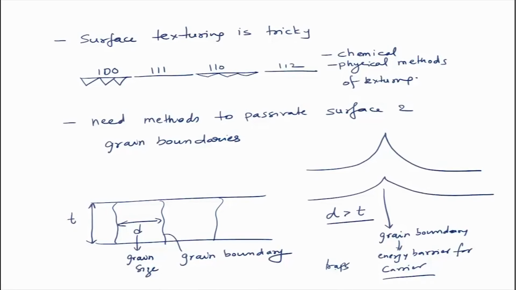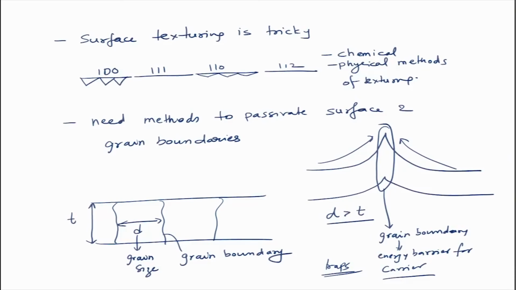So, it also has traps. You need to passivate these traps. So, grain boundary passivation is extremely important in these solar cells. Any carrier will find a barrier at the grain boundary.